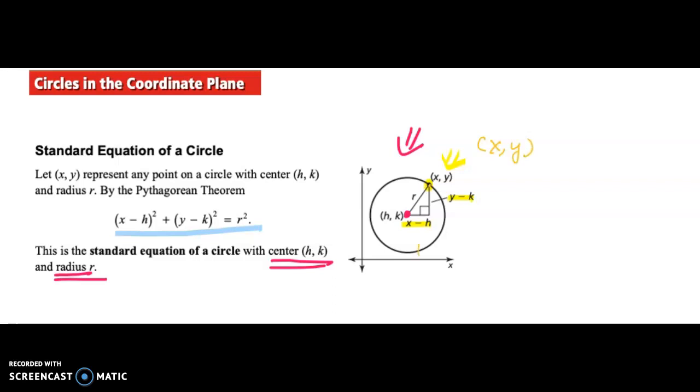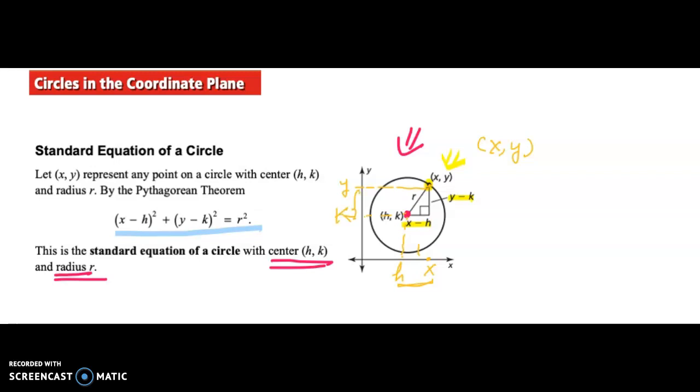If this is x, and this coordinate is h, the distance between them is x minus h. The same thing here: this is y and this is k, so the distance here is y minus k.